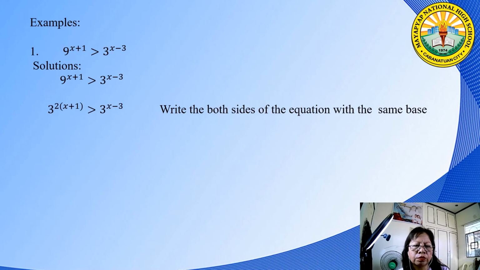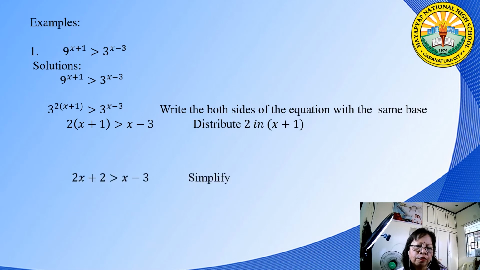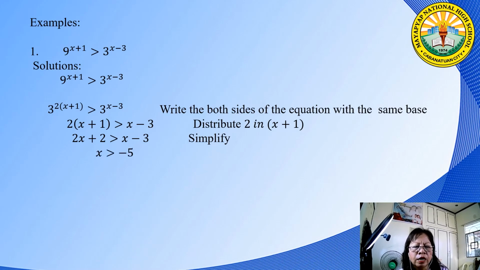You equate that their exponents are equal. So we have 2 times quantity x plus 1 greater than x minus 3. Then you distribute 2 in quantity x plus 1. So this becomes 2x plus 2 greater than x minus 3. Then simplify. So x is greater than negative 5.